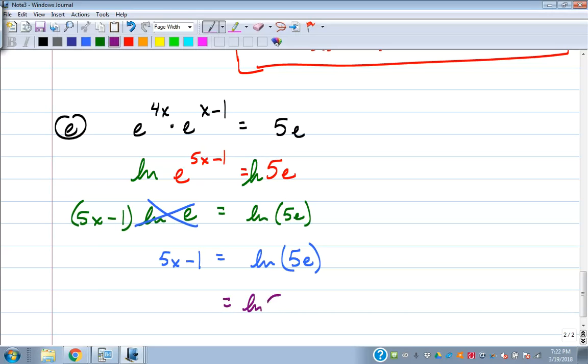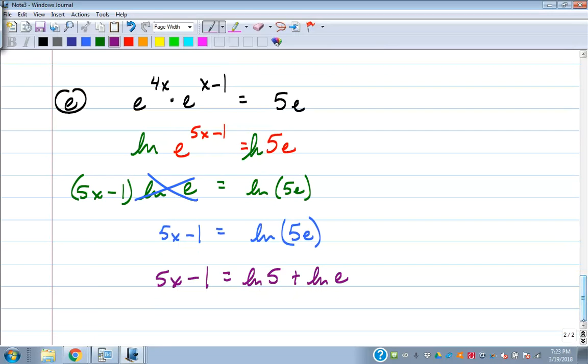I could make it natural log of 5 plus natural log of e. And what does natural log of e do again? It turns into what? 1. So this is actually natural log of 5 plus 1.